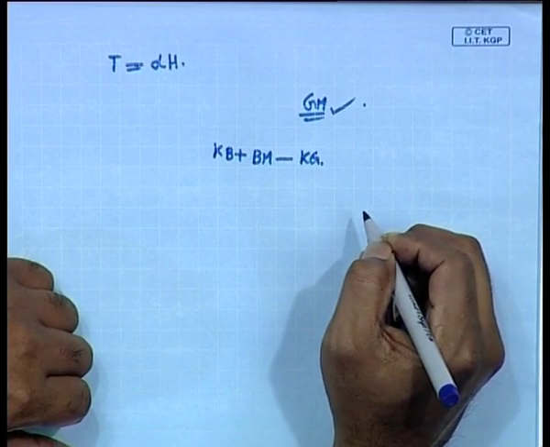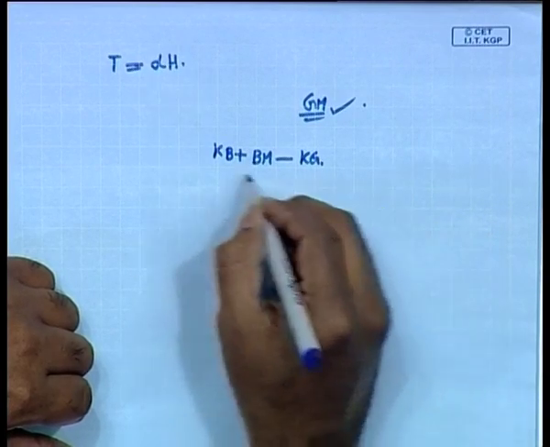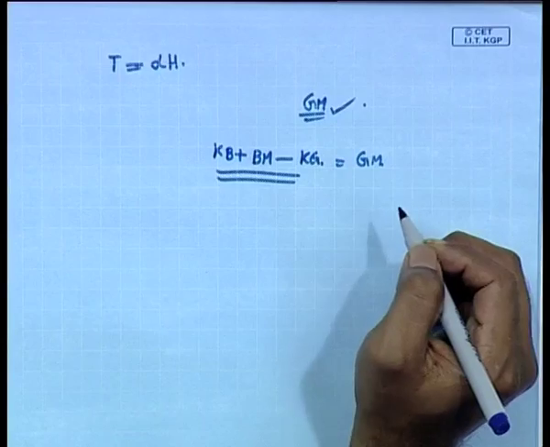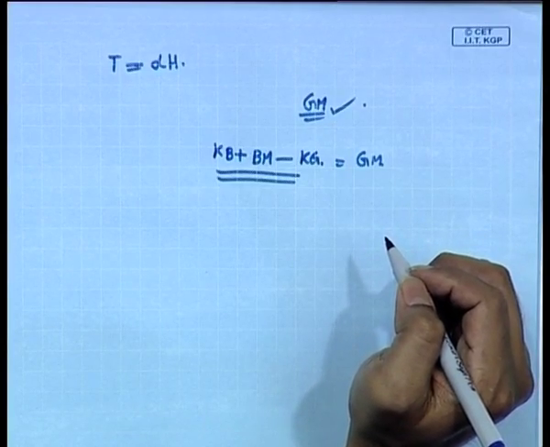This is the only way to get GM: the metacentric height is given by KB plus BM minus KG. So we need to find for this cone what KB, BM and KG are. We have formulas for everything.